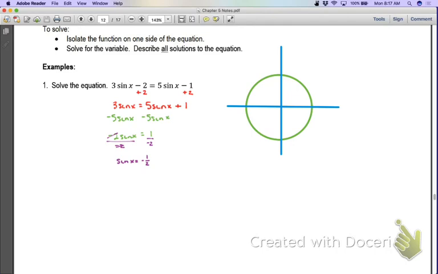Obviously on the bottom side, because remember, sine is y, so when is your y value negative 1/2? You can either use that, or you can go off of, like we said here, with your hand.